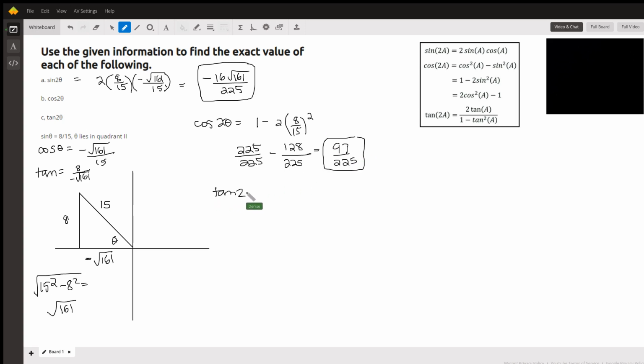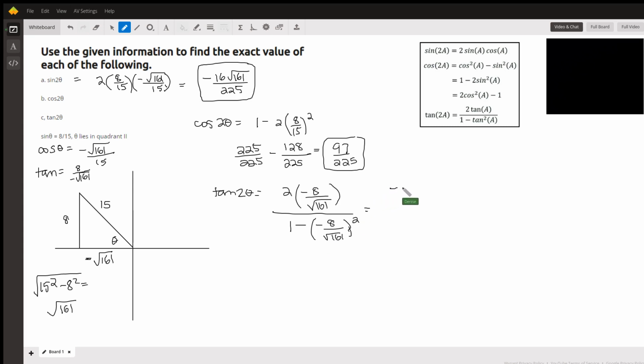Finally, for tangent 2 theta, I'm going to do 2 times negative 8 over radical 161, over 1 minus negative 8 over radical 161 squared.